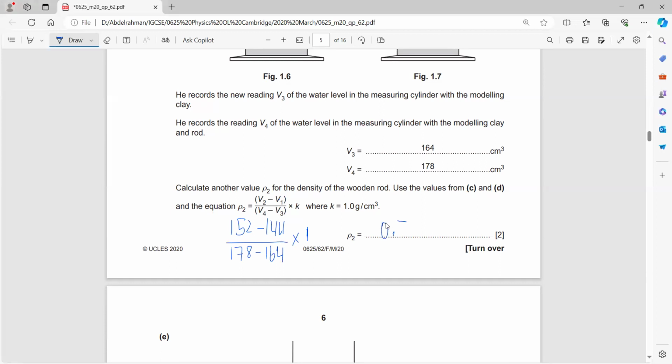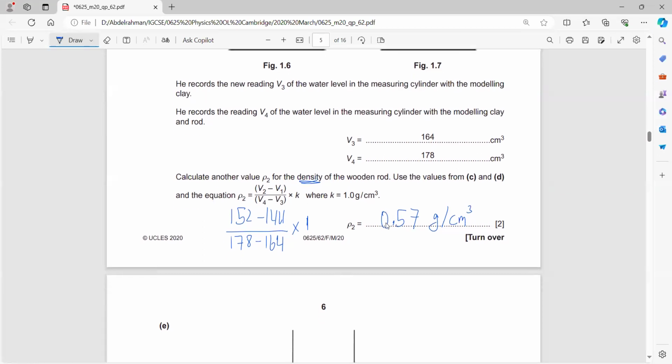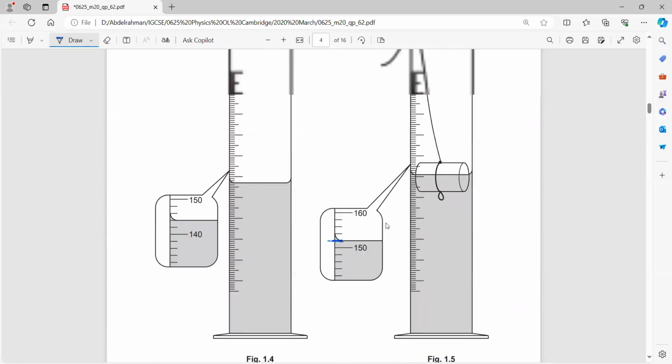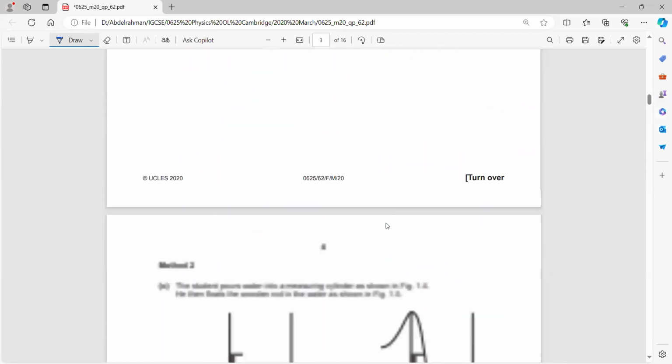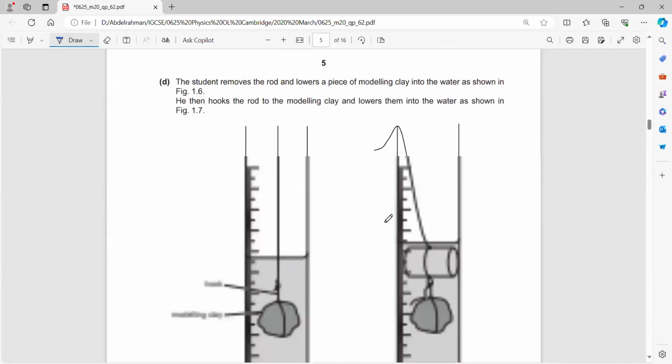Yes, that is correct. And again, the unit of the density would be grams per centimeter cubed. So rho 1 was 0.55, and rho 2 was 0.57.